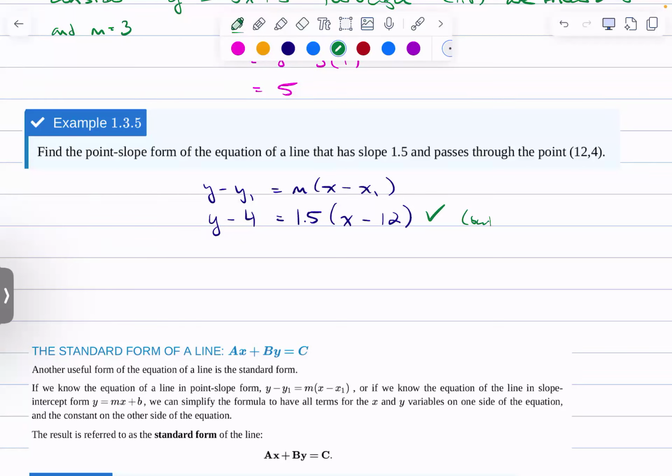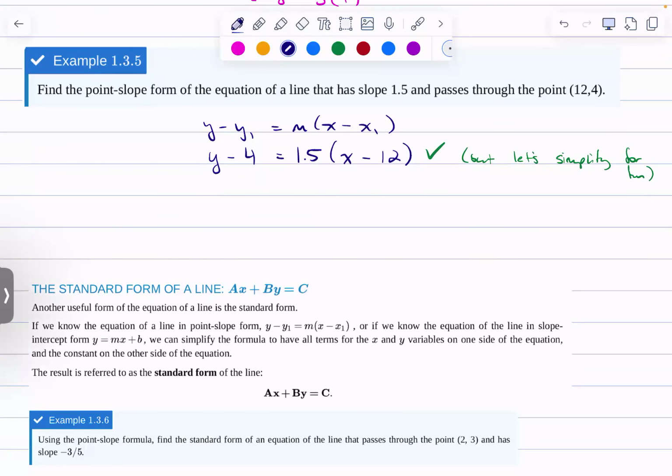Done, but let's simplify for fun. When I simplify, it usually turns into slope intercept form, y equals mx plus b for me. It's my go-to. Y is 1.5 times x minus 12 plus 4.